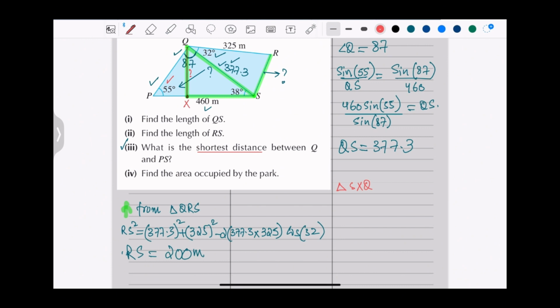So straight away it's a right angle triangle because this is the perpendicular height, and so sine of angle 38, I'll recall back our trig ratios, SOH CAH TOA.